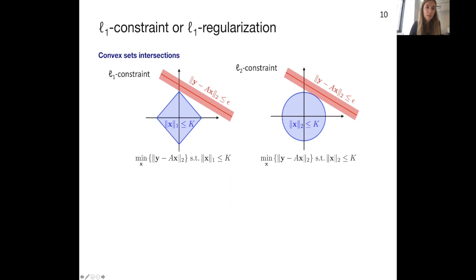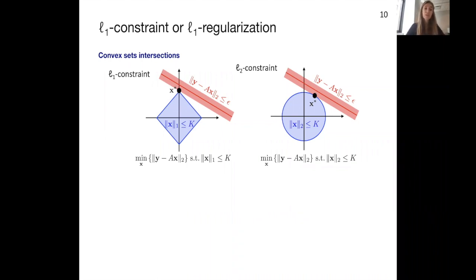Since it's a linear regression, we will have such sets that ensure that this fidelity term is smaller or equal than a margin epsilon. You can see that in the case where we are using the spiky sets, the L1 constraints, the solution will be on one of the axes, which means that the solution will be sparse because it will have some components being 0. So you can see how using these spiky sets helps the sparsity of the solution.